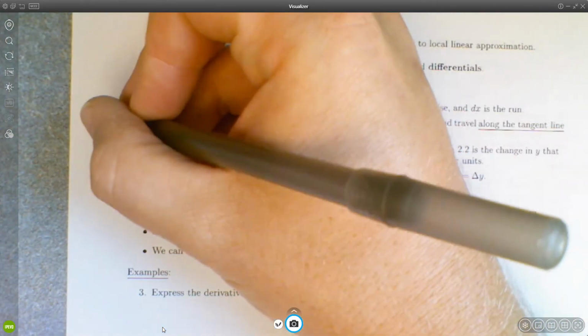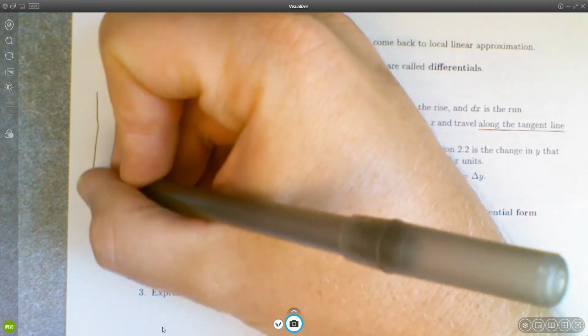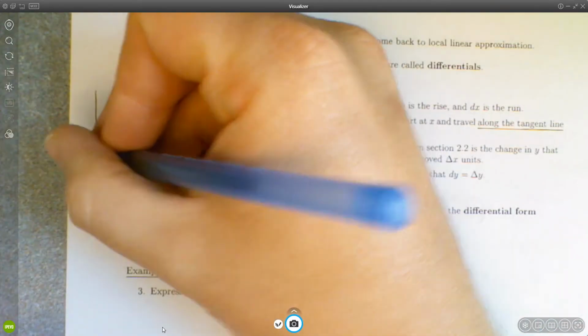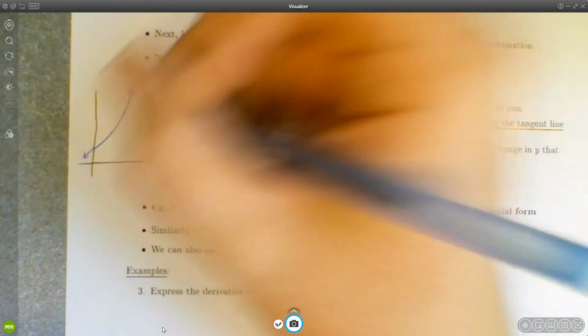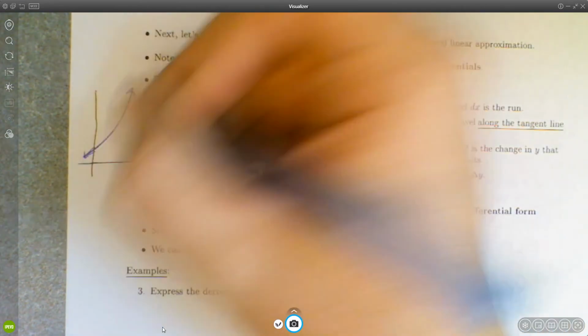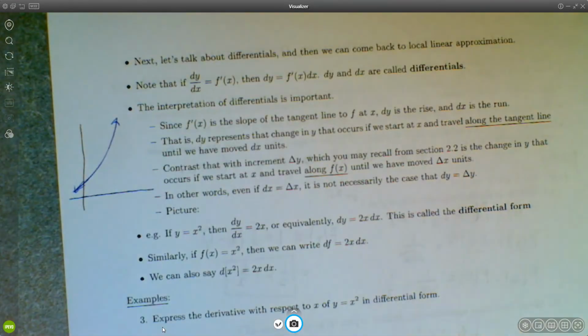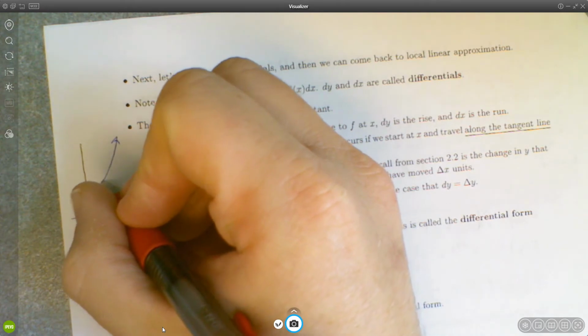Okay, so let's say that you have some kind of curve, right? And you've got a tangent line to the curve, maybe at this point right here.